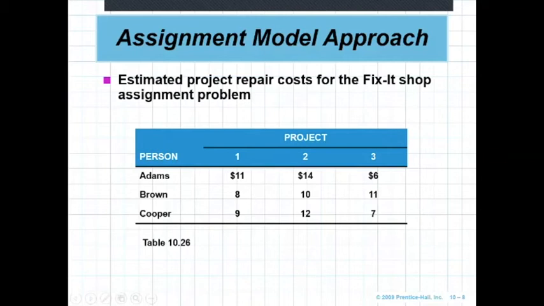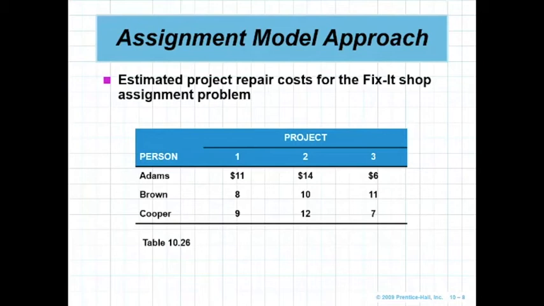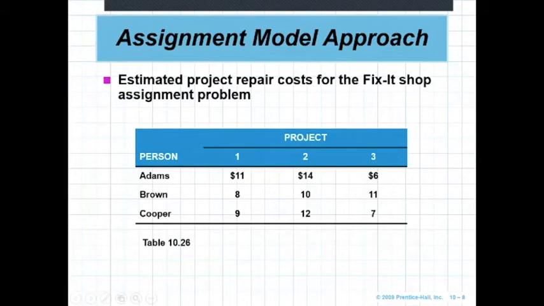The objective is to assign the lowest cost project to each person. For Adam, he must be assigned to project 3 because the cost is the lowest compared with the other projects he can do. For Brown, the lowest is 8, project 1.